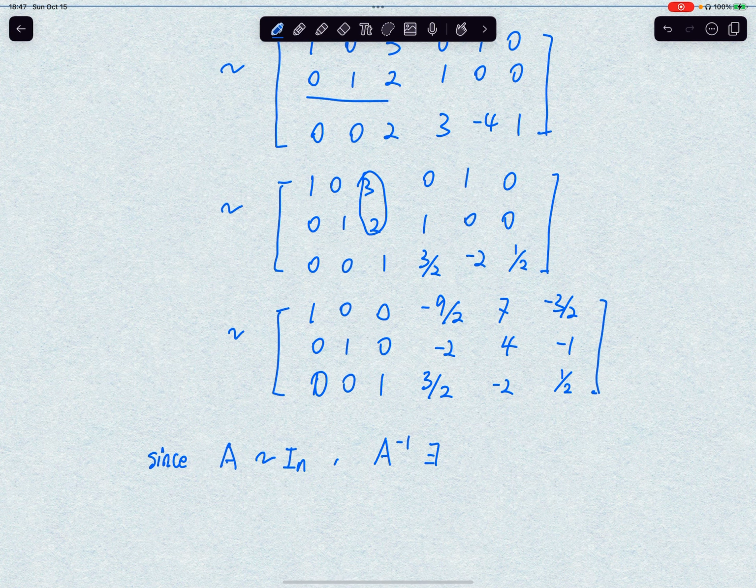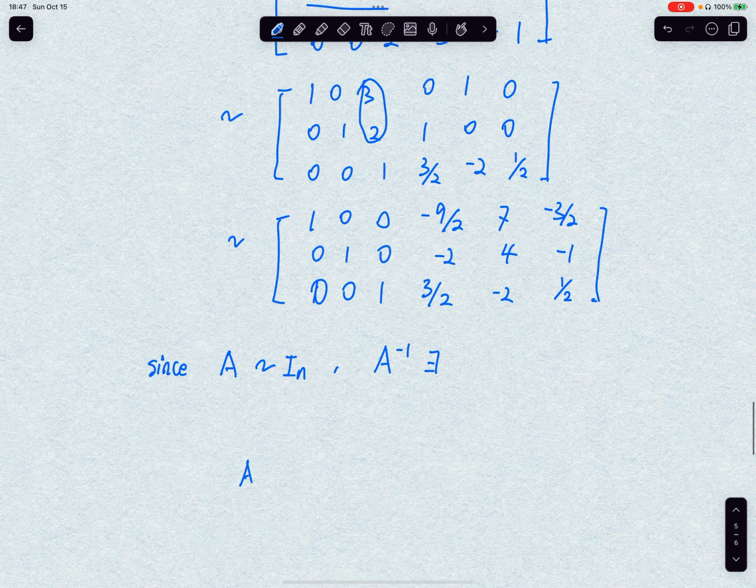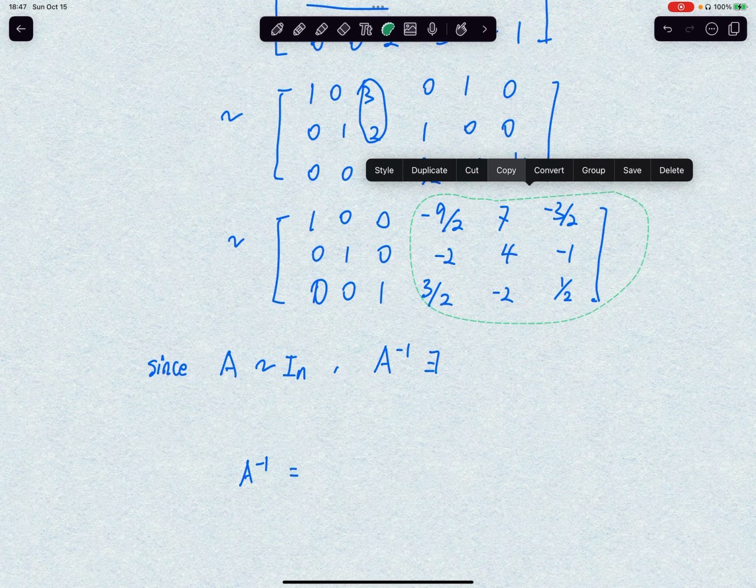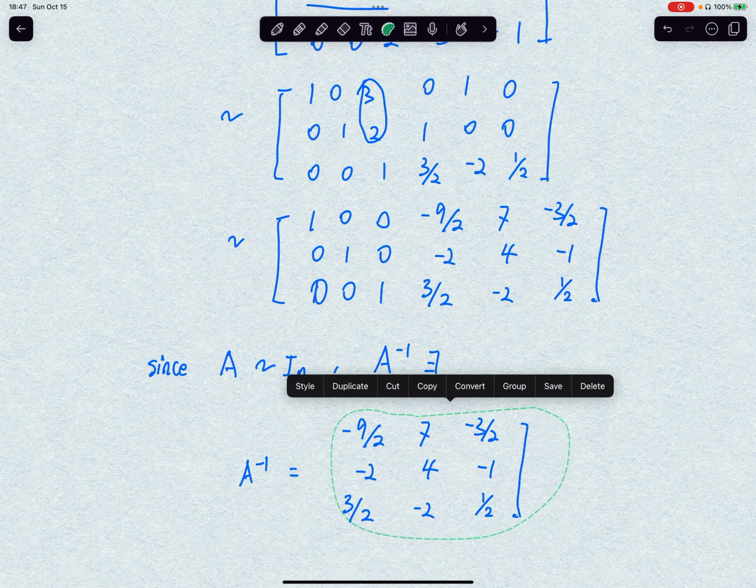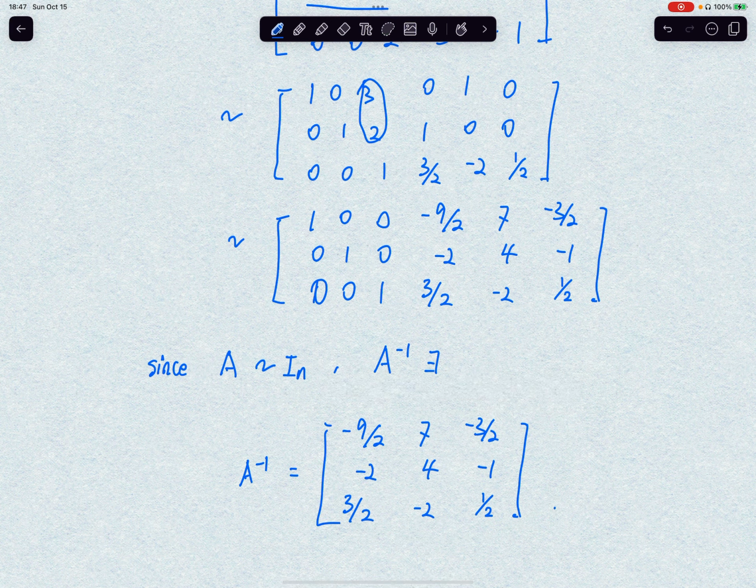First, A inverse exists, and second, A inverse equals just this guy. So we're done. And note that it is not necessary to check that A times A inverse equals In, since A is invertible.